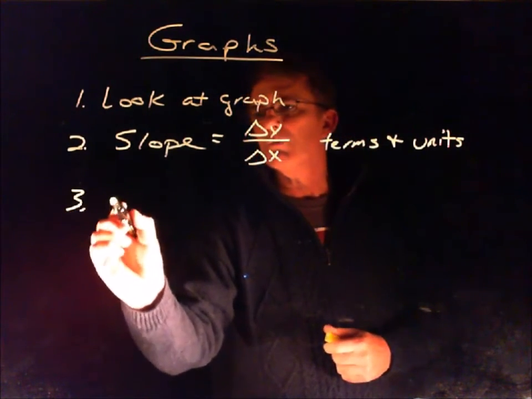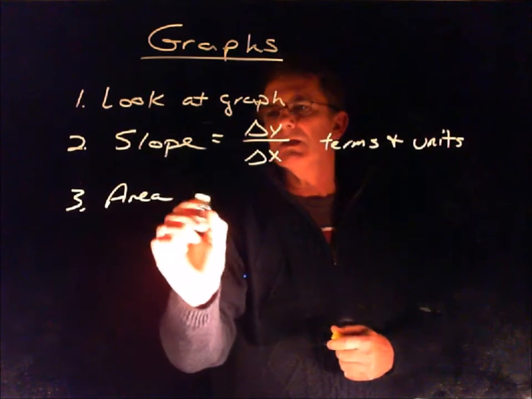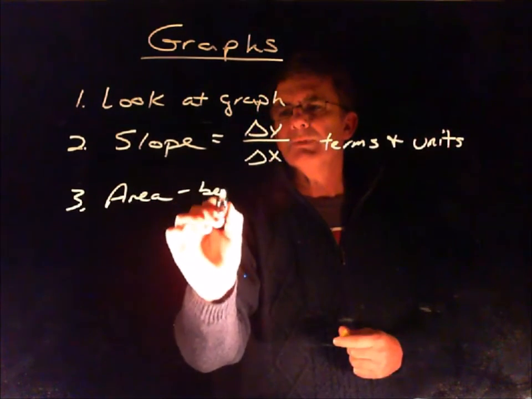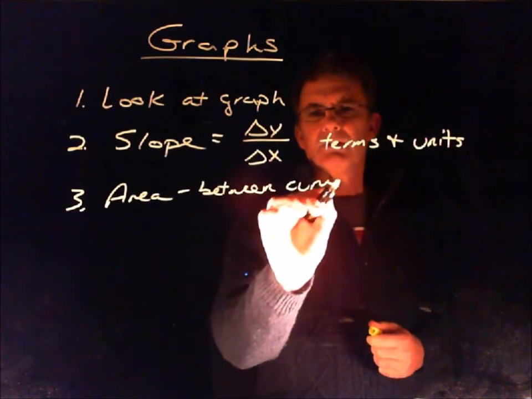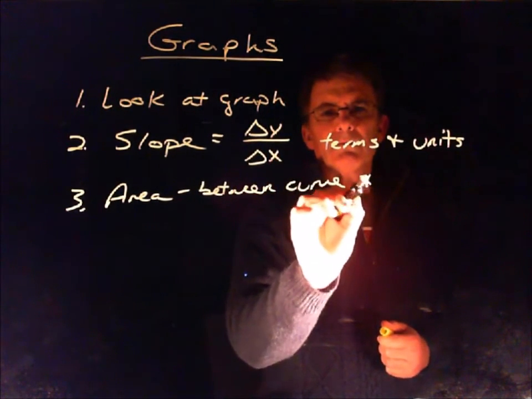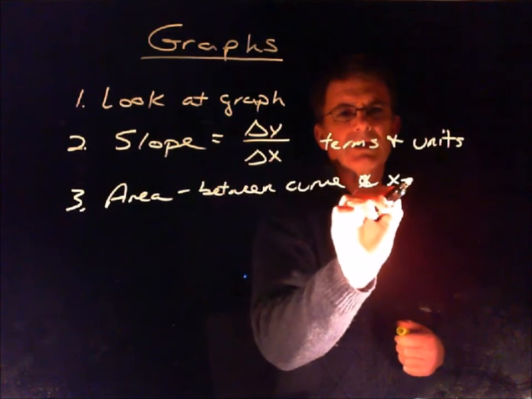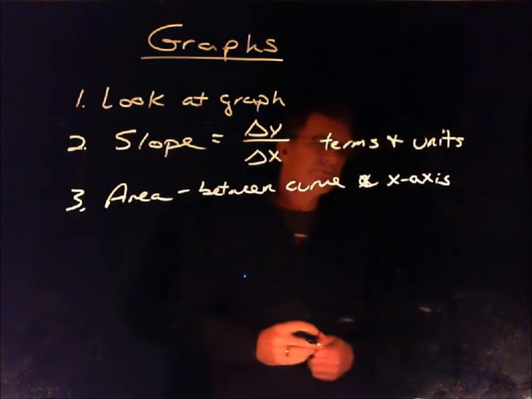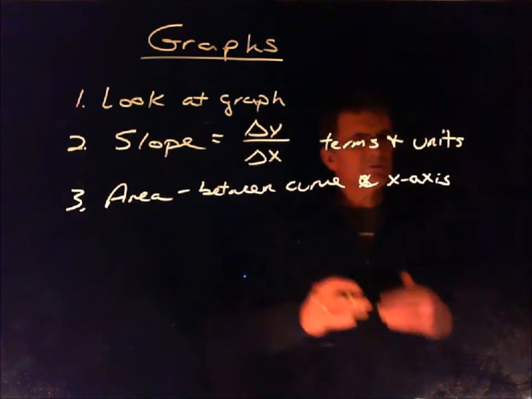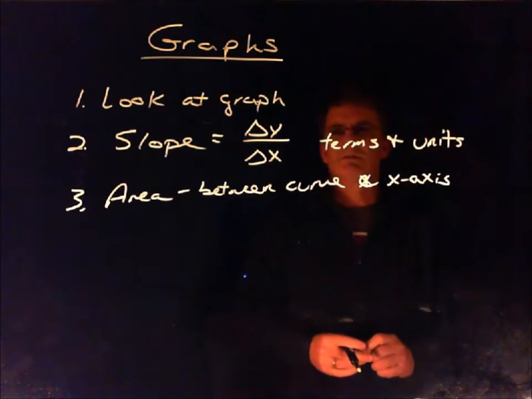The third thing I want them to look at is the area. Now, this is the area between the curve and the x-axis. I sometimes refer to this as the area underneath the curve, which can be a little confusing when the curve is below the x-axis.